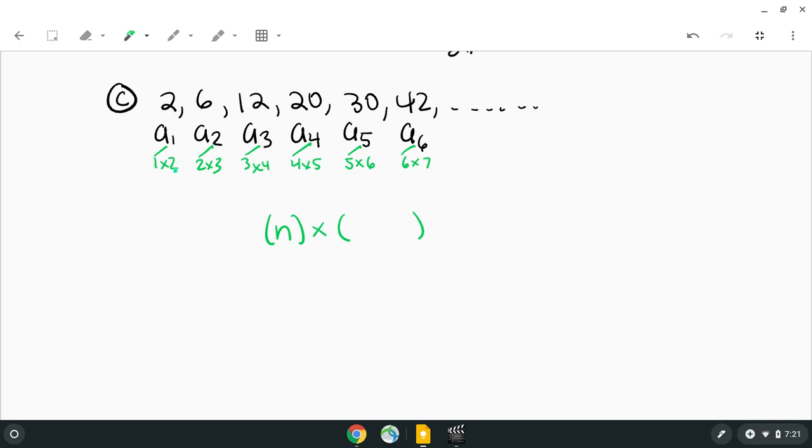If I look at that compared to n, and that compared to n, you should notice a pattern. These numbers are all 1 more than n, n being the first number. So 1 more would be represented like that, okay?